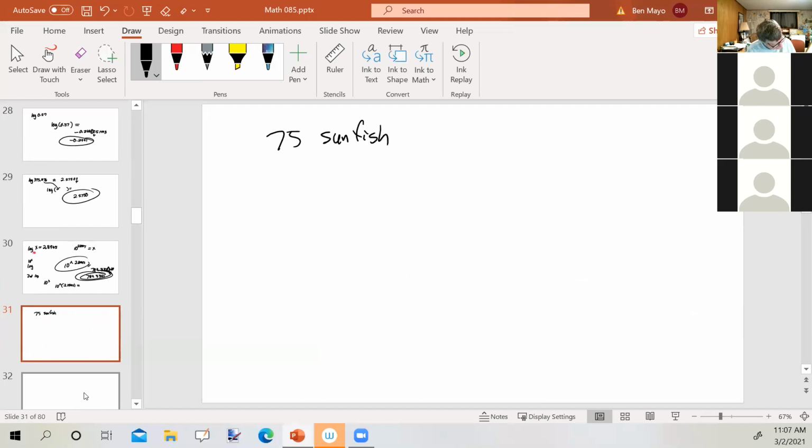Now, she was told that with the proper oversight, the sunfish population could be approximated by the logarithmic function f of t equals 75 plus 45 times the log of t plus 1, where t is the number of years since the lake was stocked.